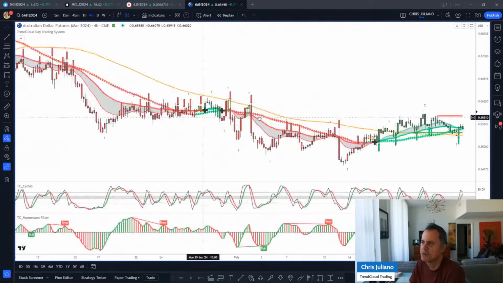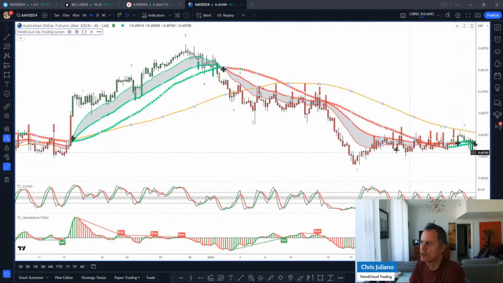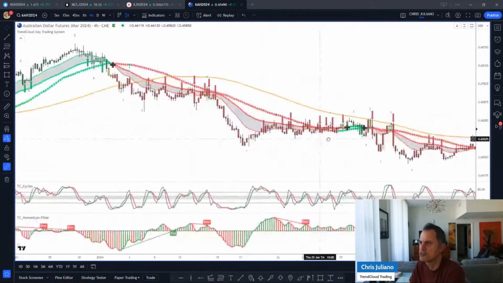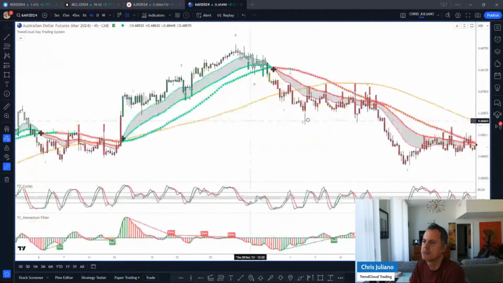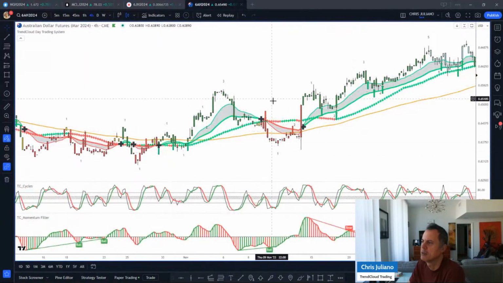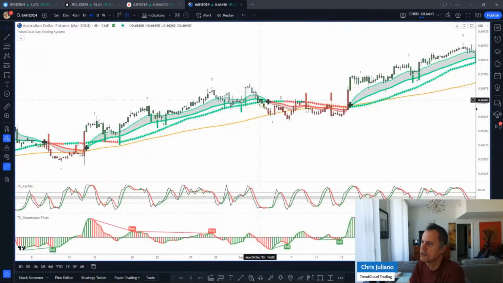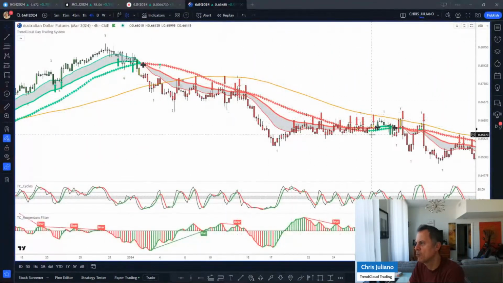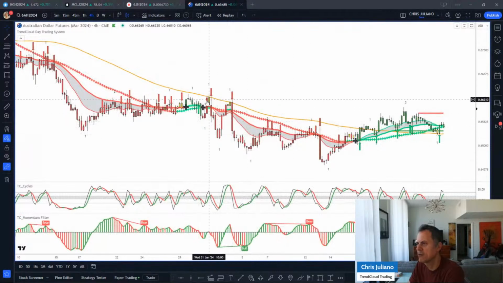Seems like it likes to go short for long periods of time, following that 100 simple. Look how it follows that 100 simple all the way up. Look how it found resistance, resistance, resistance, right?